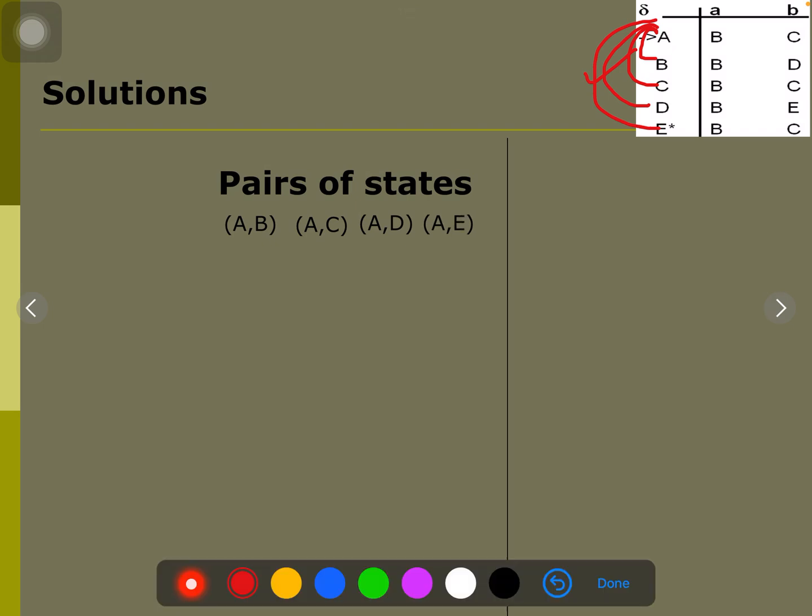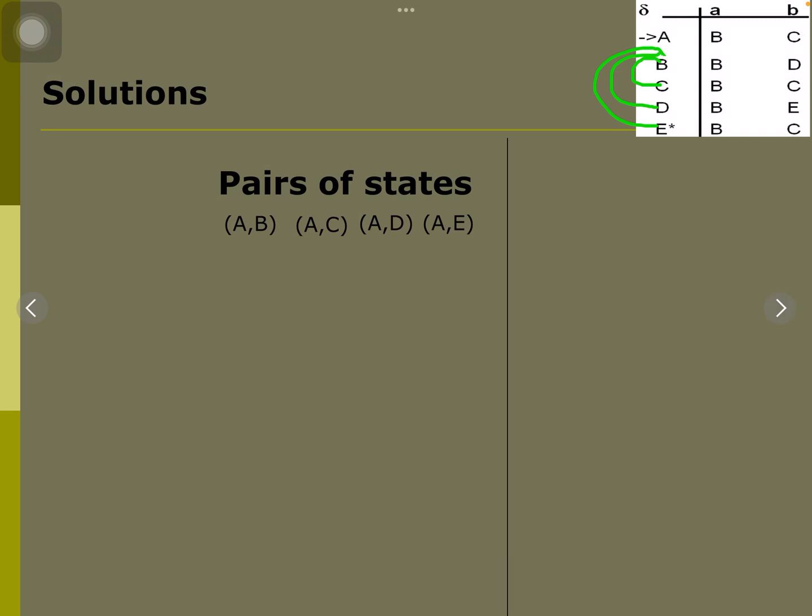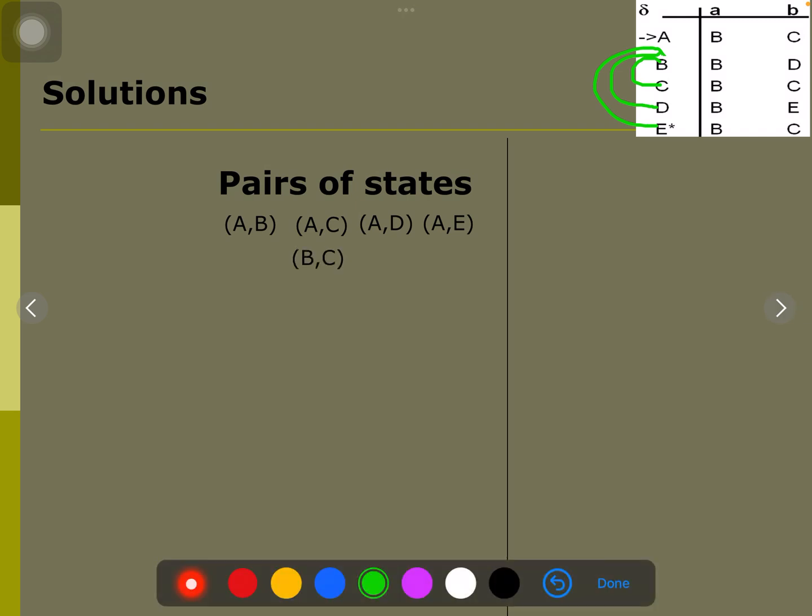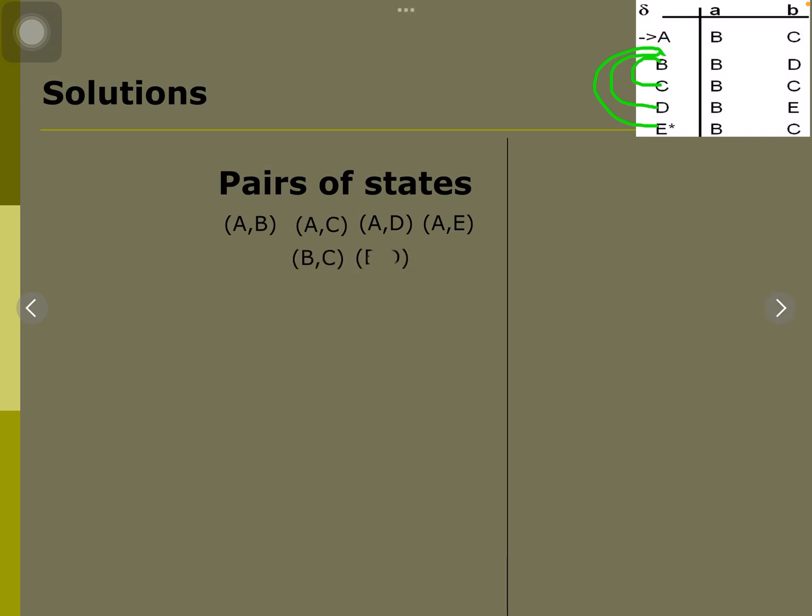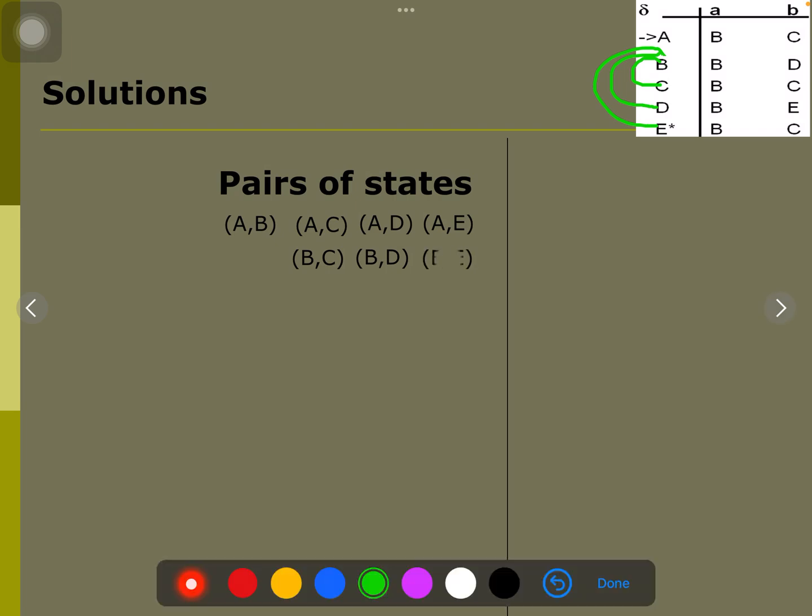Then you have to start with B: BC, BD, then BE. So that case is over.